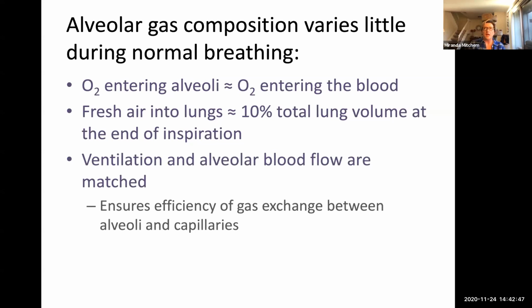So there is a balance between ventilation and the blood flow rate associated with picking up the respiratory gases. That ensures maximum gas delivery between the alveoli and the capillaries that wrap around them.